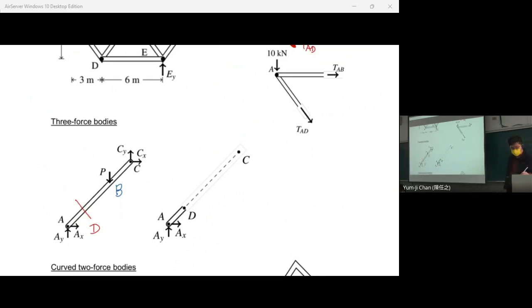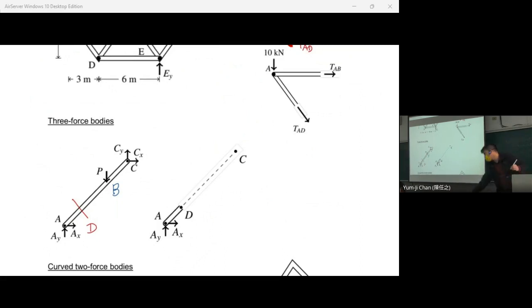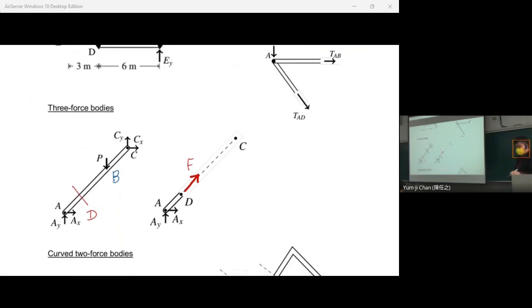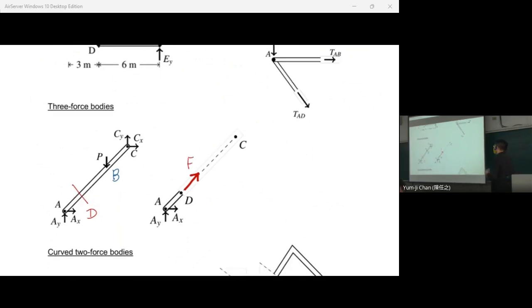First of all, we have a force here. Let me write it as F here, as in two force bodies. But it's not the end of the story. We have more things to come.